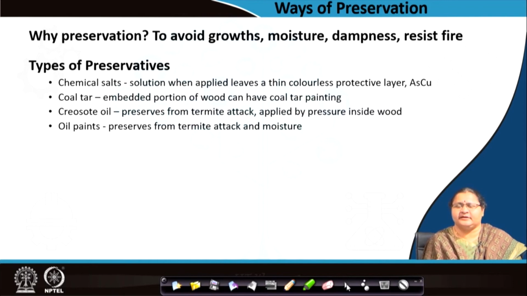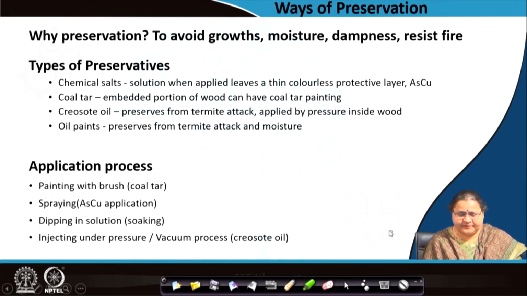Being natural, it may have entrapped organisms inside it, which may lead to attacks from inside. So, to prevent that, you can actually apply pressure and inject certain oils. You can also apply paints to make it preserved from termite attacks and moisture decay.